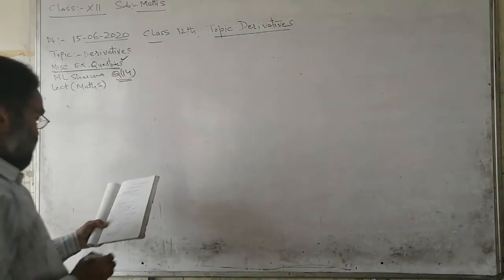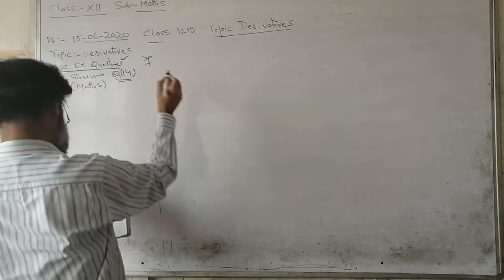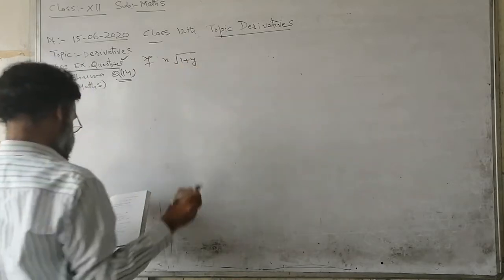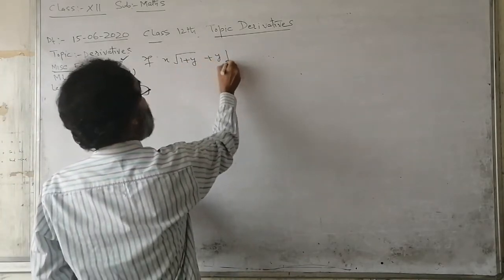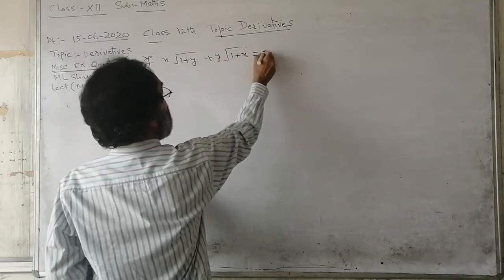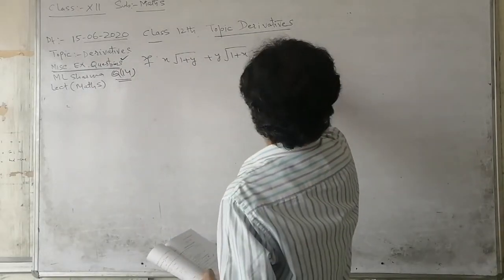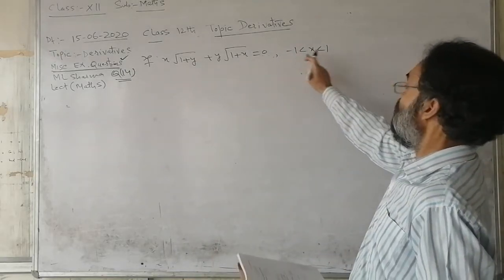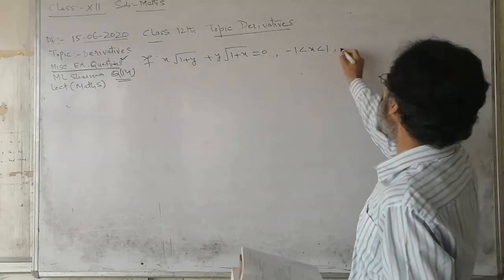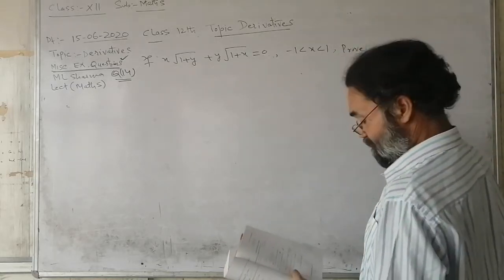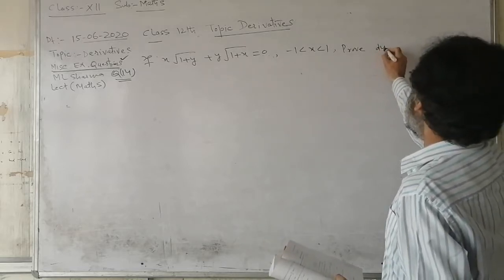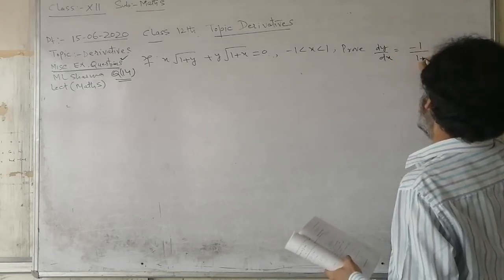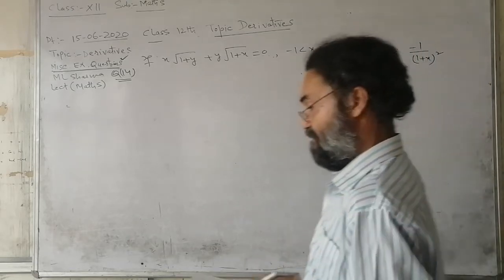So, question number 14, let me take. He says if x times root of 1 plus y, plus y times root of 1 plus x equals 0, and the value of x lies between -1 and 1, I have to prove the result dy upon dx equals minus 1 upon (1 plus x) whole square.